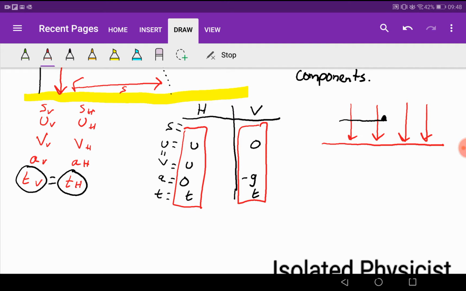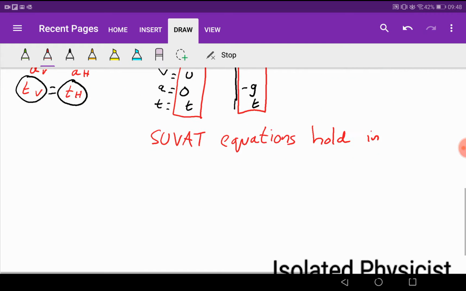So the SUVAT equations, I'll call them the SUVAT equations, they hold, which means they work, in the vertical plane and separately in the horizontal.